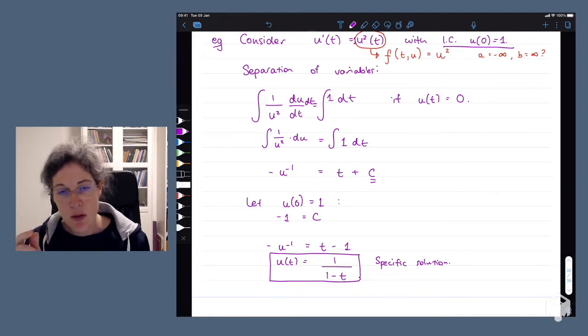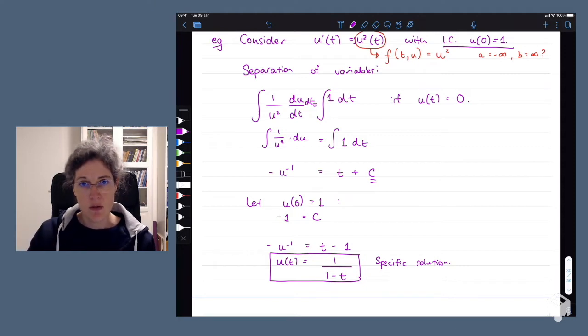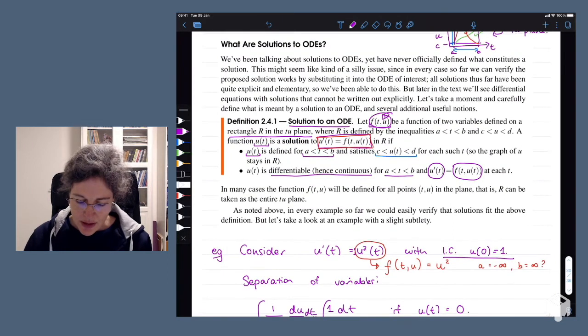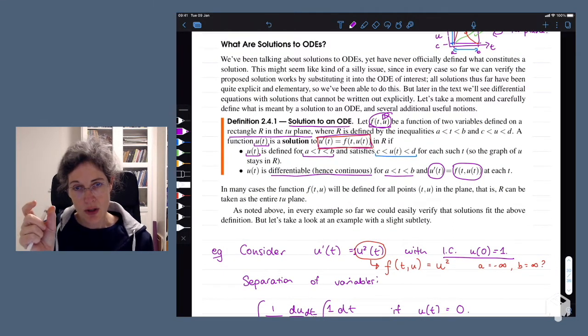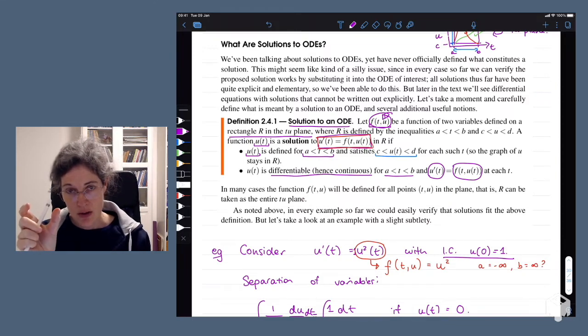And this is the bit that we're going to start being more careful about from now on. Up till now, we've just said that's a solution and we've moved on with our lives. But you will notice that what we've defined here as a solution, it's not enough to just have an equation. You also need to give the domain for that equation. And the domain actually has to be a continuous strip.